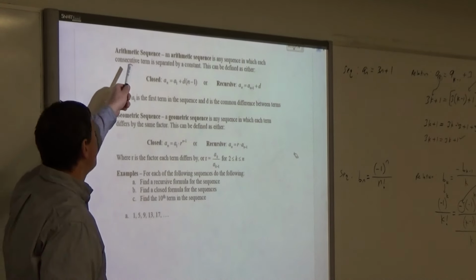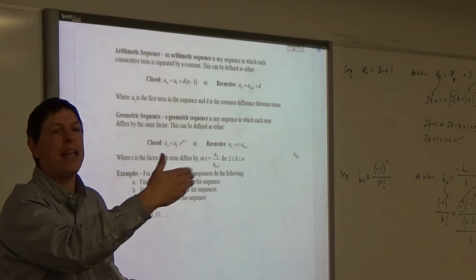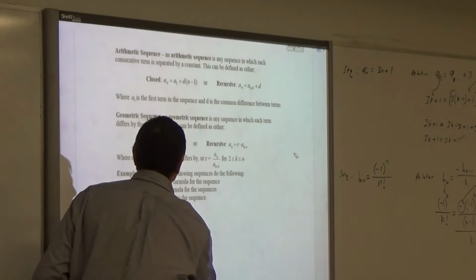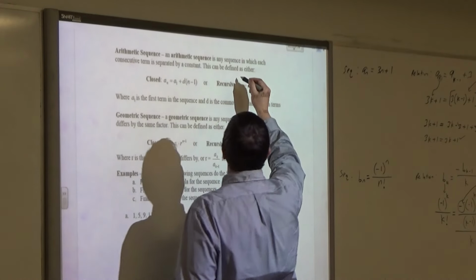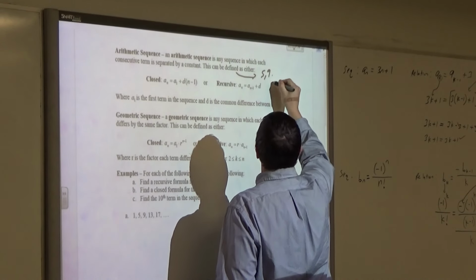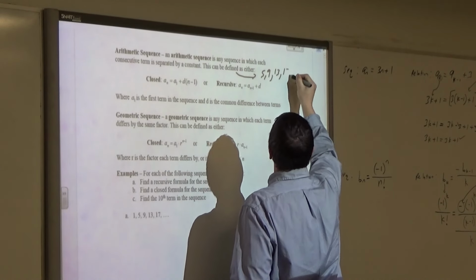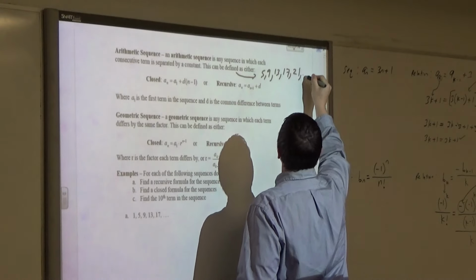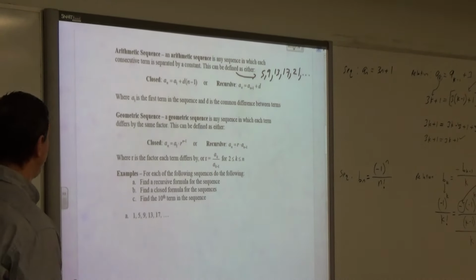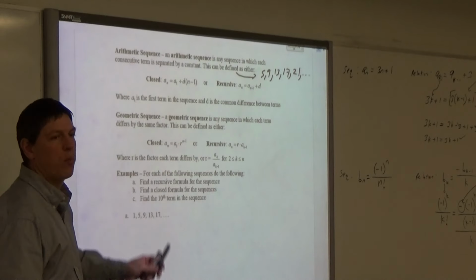By the way, for an arithmetic sequence, we just keep adding numbers to get to the next value. An example of an arithmetic sequence might be 5, 9, 13, 17, 21, etc. In fact, I just happened to borrow that one for some reason down there.